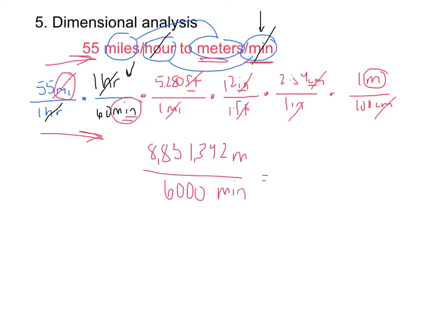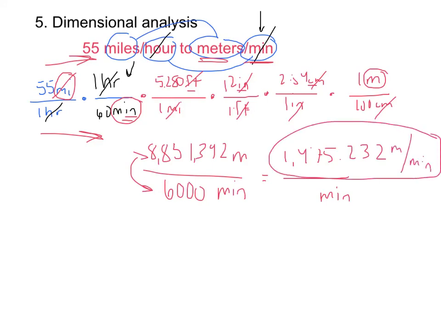I want to know for 1 minute. So when I divide these two, I get 1,475.232, and I would always tell you how to round that on the test, meters per minute. So that would be your final answer there.